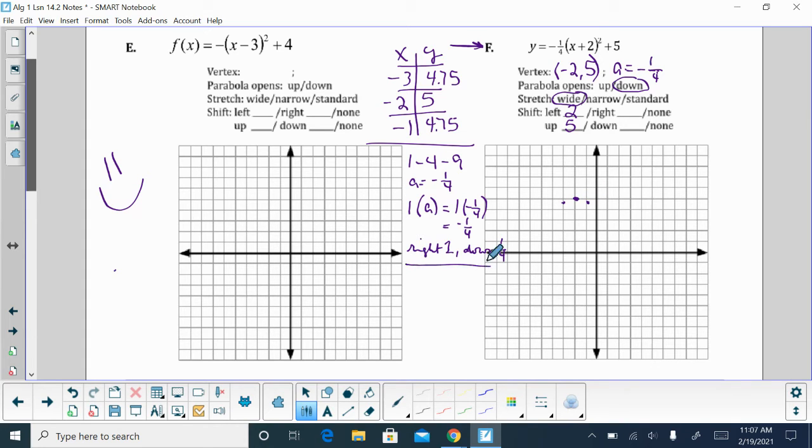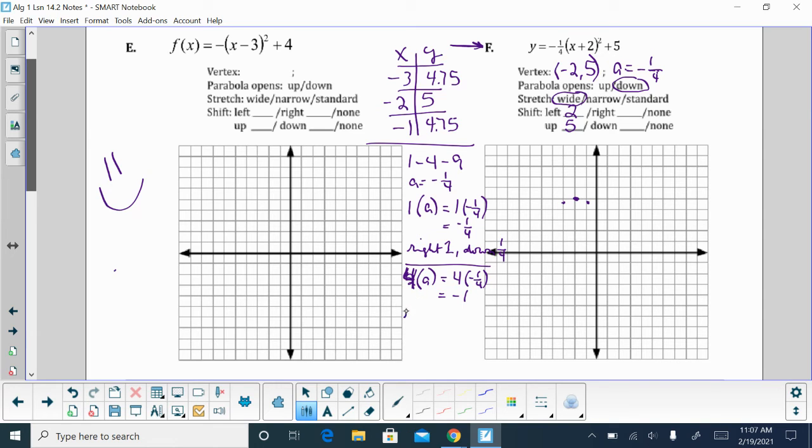And now take 2 times A. Oh, I did it again. It's 4 times A, brain fart, 149. So I take 4 times A. In this case, it works out kind of nice with this fraction, and I find out that it's -1.